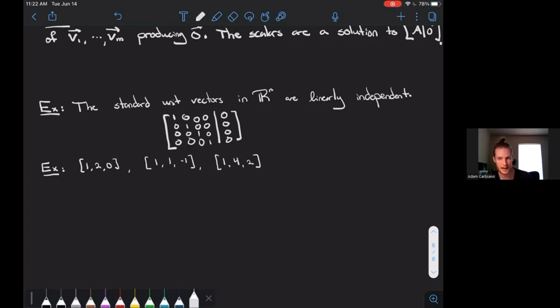And now we ask, does it have a non-trivial solution? And the answer is, of course not, which means the column vectors are not linearly dependent, so they must be linearly independent. It's pretty nice. We don't have to do any work for this one.